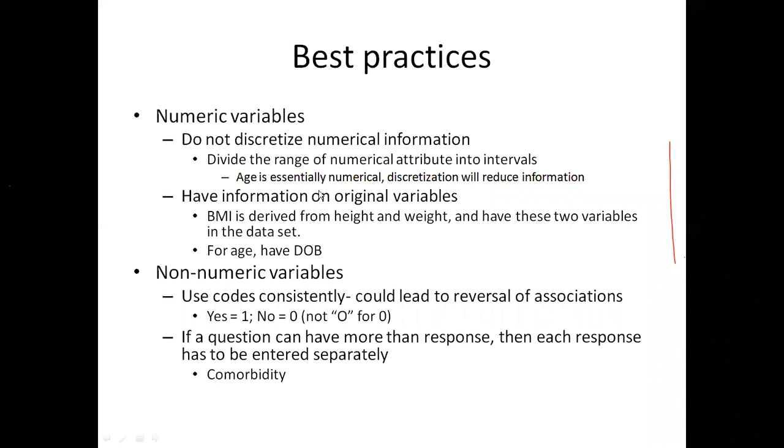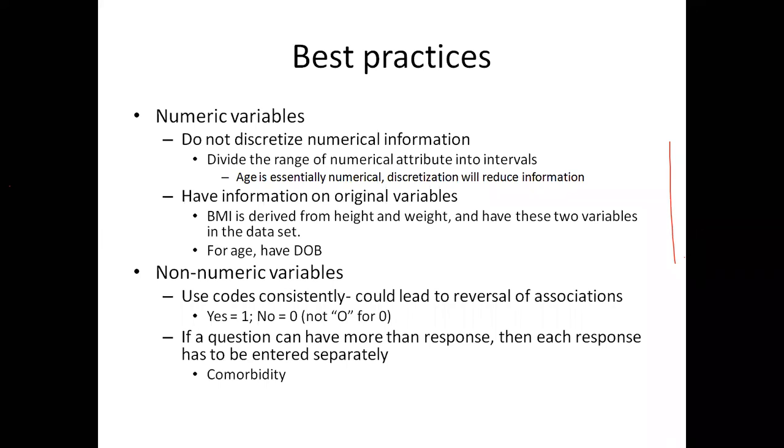Like as I showed in the example here, if age is one of the variables, the best way to capture age would be as it is, rather than grouping them in some age categories and then measuring it as a categorical variable. So if you have it essentially in a continuous or a numeric variable in your data set, you tend to capture them as a continuous variable as well.